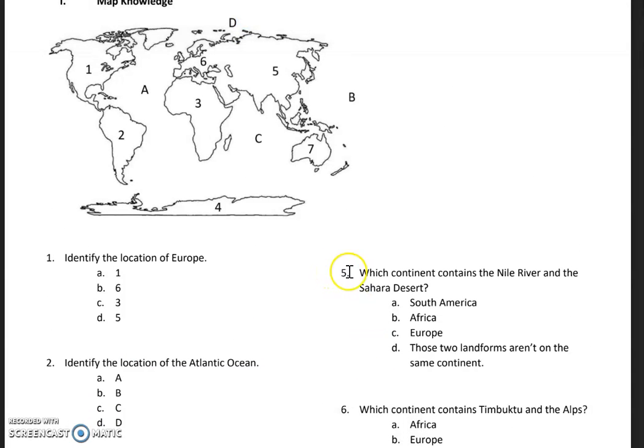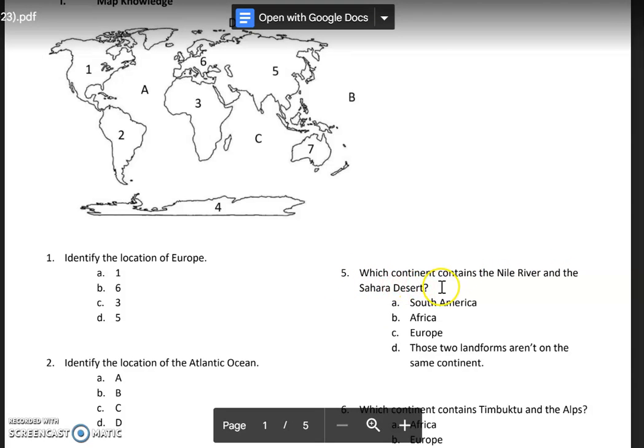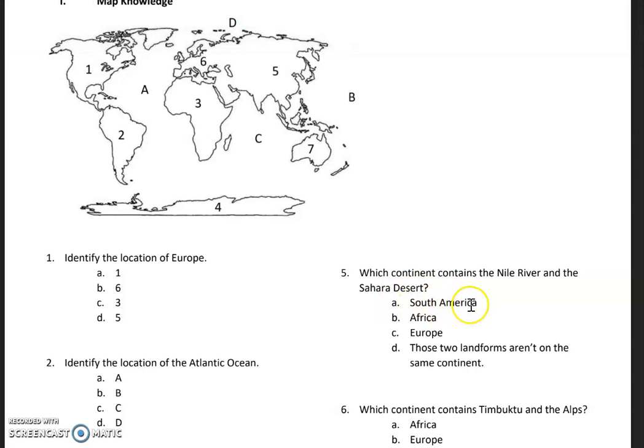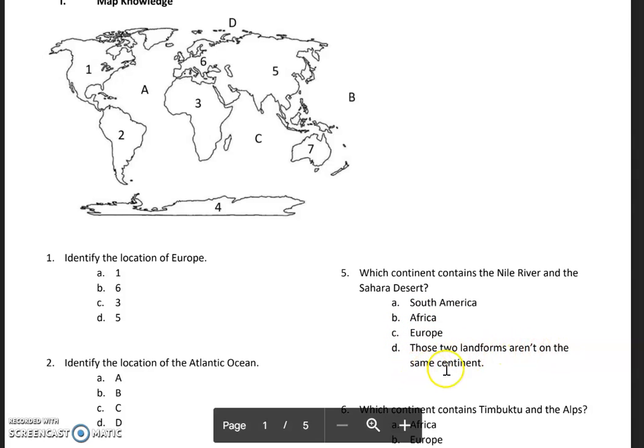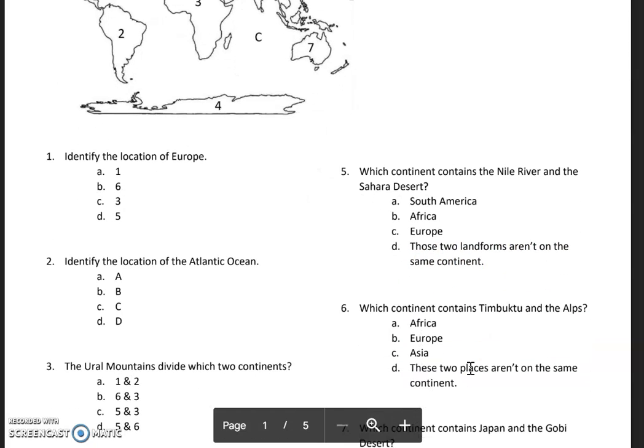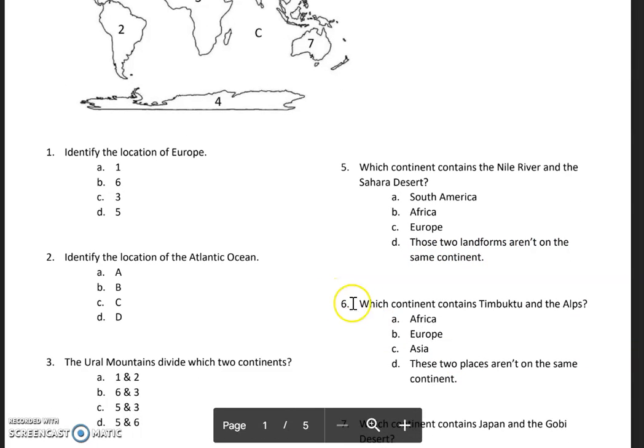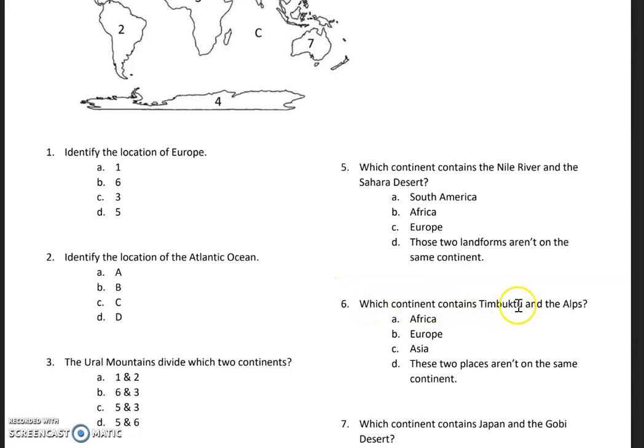Number 5, which continent contains the Nile River and the Sahara Desert? A, South America, B, Africa, C, Europe, D, those two landforms aren't on the same continent. Number 6, which continent contains Timbuktu and the Alps?